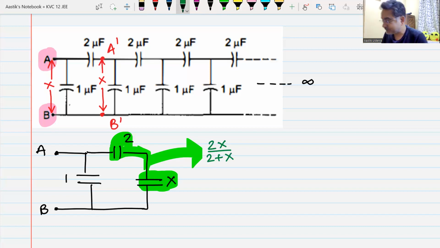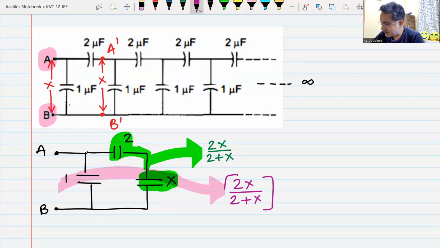Then what do we do? They are in parallel, sir. Then this combination would be in parallel with this combination. So what is the effective capacitance of these two together? 2X upon 2 plus X is in parallel with 1.